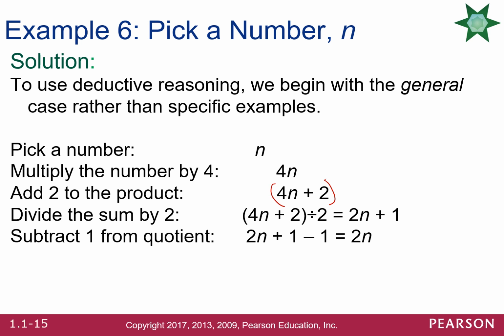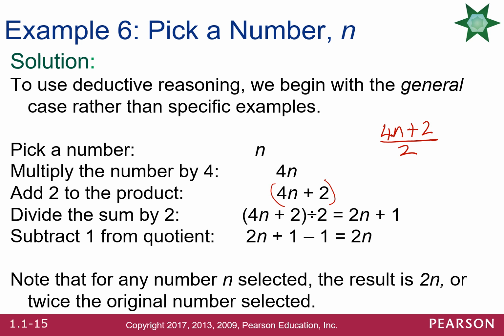Let me quickly show you how they arrived at 2n plus 1. So we have 4n plus 2 divided by 2. You could do it in two ways really.